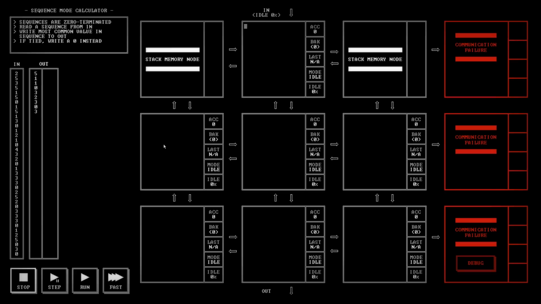Here, let's pretend this is the stack memory node. Let's say I would initialize it with that. So I read this. I encounter a 2. I increment the second value in there by 1. I encounter a 5. I increment that by 1. I encounter a 3. So that goes up. I encounter a 5. So that goes up to 2. And I encounter a 1.